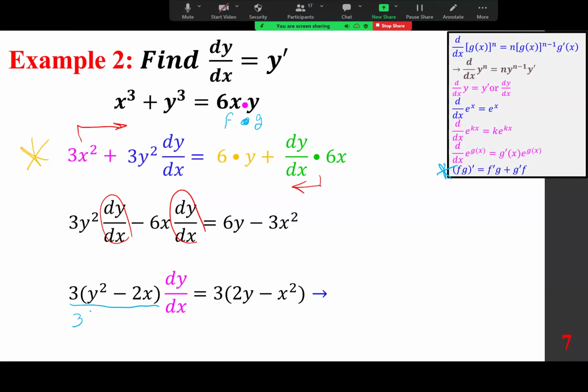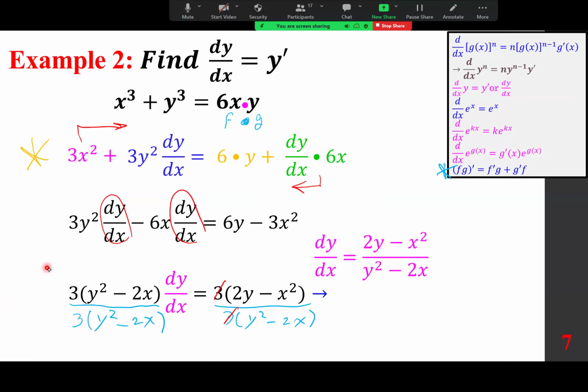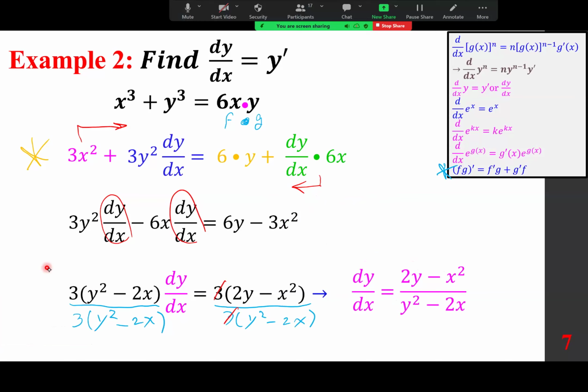Divide both sides by 3 times y squared minus 2x. And dy/dx is 2y minus x squared over y squared minus 2x.